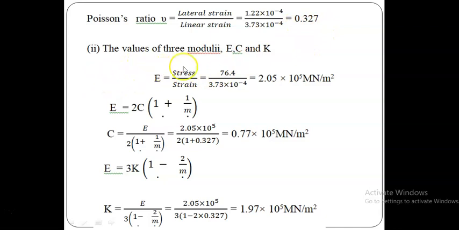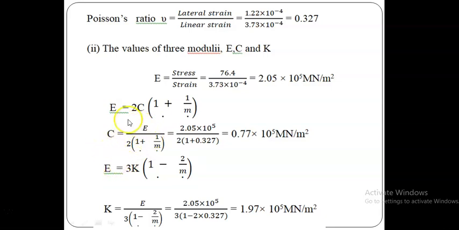Then next, the values of the 3 moduli E, C and K. E can be found using the relationship stress by strain. We know the stress, and we have already calculated the strain, therefore we can find E. We know E is equal to 2C into 1 plus nu, or 1 plus 1 by m.